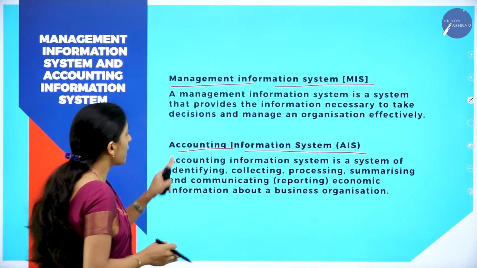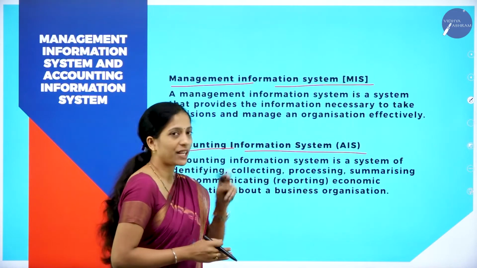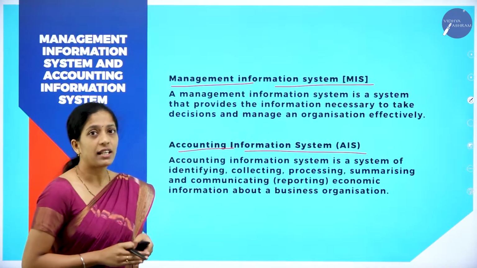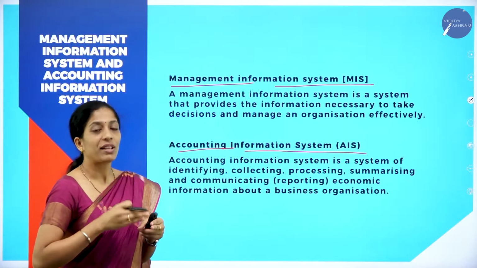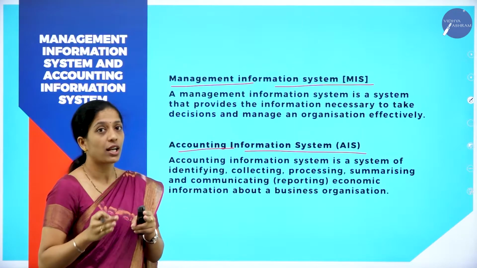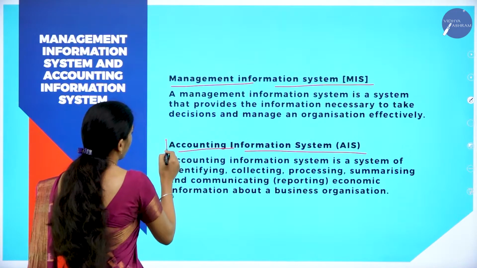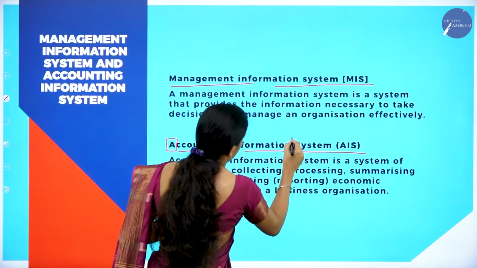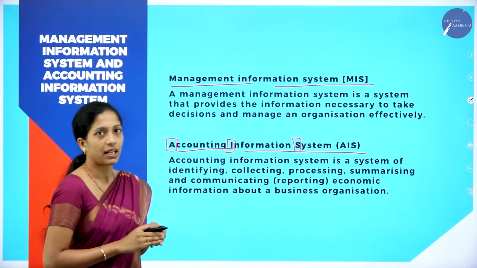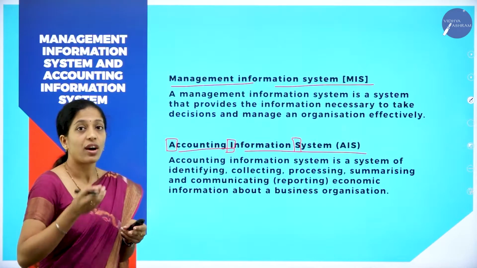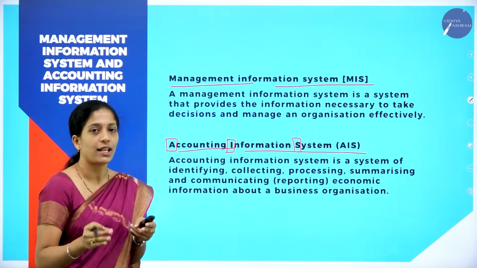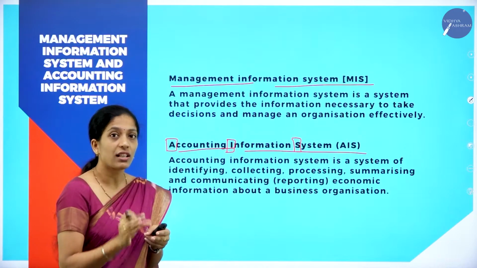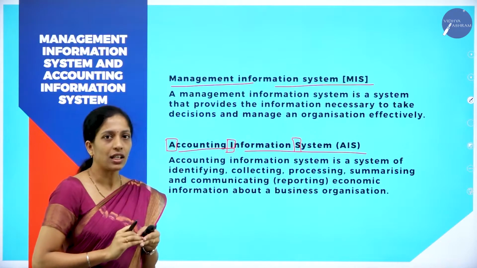Or expand AIS, Accounting Information System. And I have clearly told you, when they have asked for expansion, you have to be very careful. The A should be in capital, I should be in capital, and S should be in capital. Whenever they ask for abbreviations or expansion, you have to see the word and expand that word.